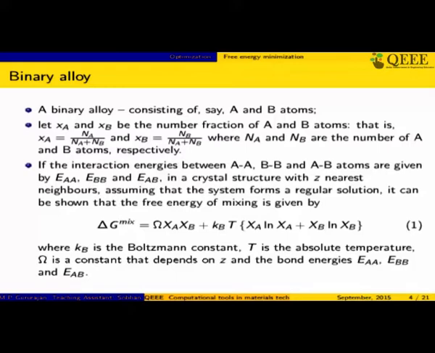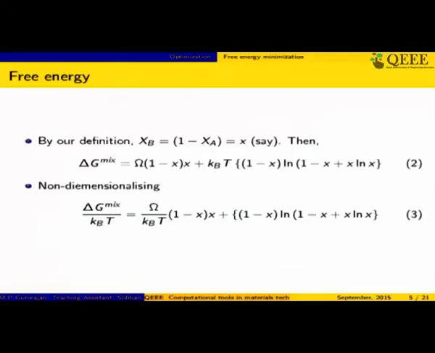What will happen in the system will depend on what happens to this free energy. You can write this in terms of one variable, because we know that XB is 1 minus XA. Let us call that one variable X, then it is symmetric. I can also write XA is 1 minus XB, and call that XA as X, and you will get basically the same expression.